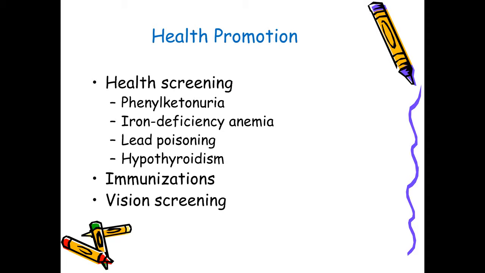All right, let's look at health promotion. Health promotion begins with health screening. Screenings are done at the hospital and followed up with home care if needed. One of the tests which is done is what is known as the phenylketonuria, PKU. This test is done prior to the infant leaving the hospital. It is sent to the state.